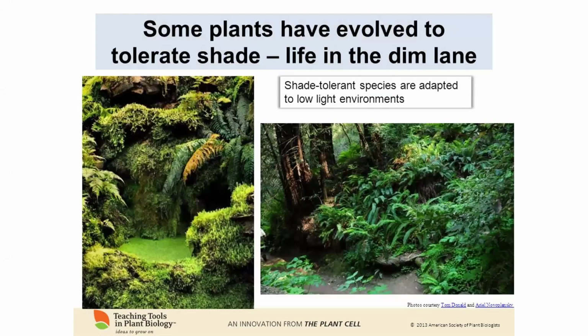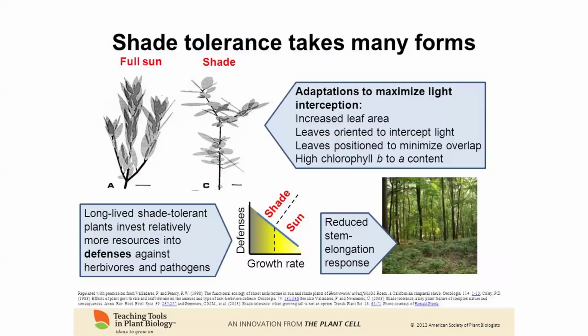Now, some plants have evolved to tolerate shade. If we look at legumes, for example, red clover and white clover are much more shade tolerant than alfalfa. When plants grow in full sunlight, they tend to invest relatively few resources in stretching out.